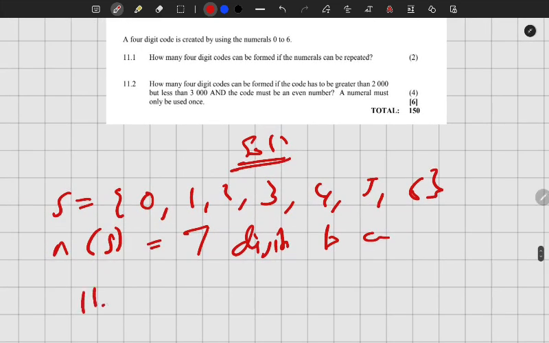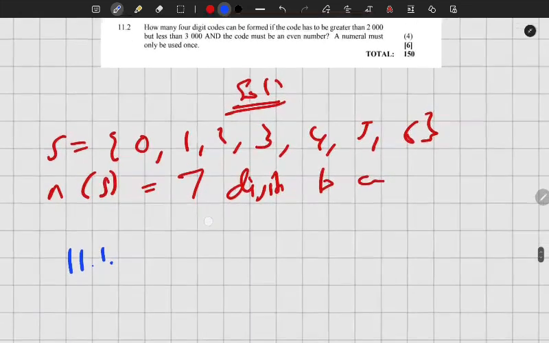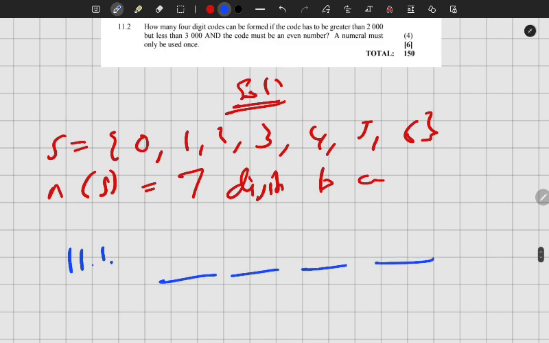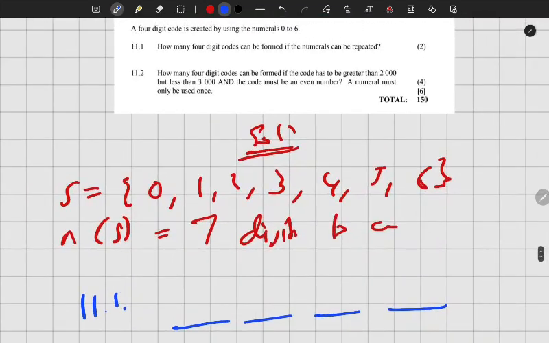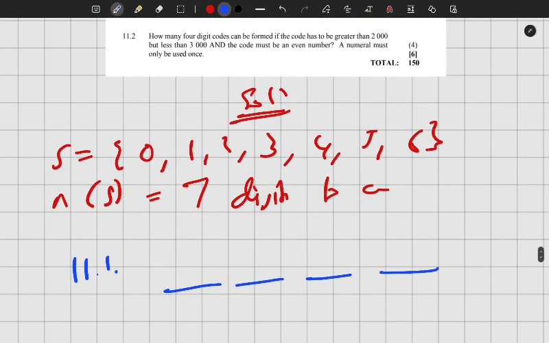Now let's look at 11.1. They are asking how many 4-digit codes can be formed if the numerals can be repeated. So we are forming a 4-digit code. We must fill the first position, choosing from 7 digits, so it's going to be 7.